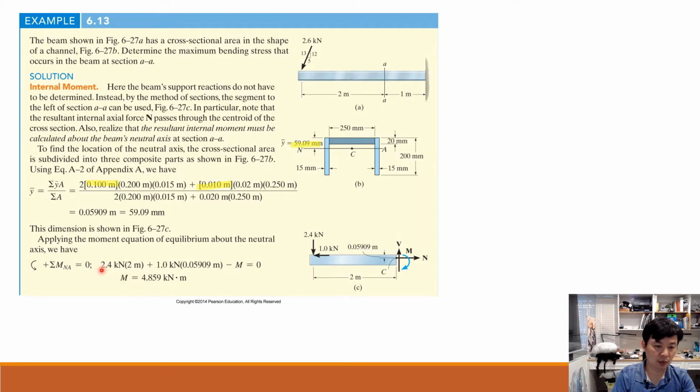This is the one coming from shear force 2.4 times the arm, which would be 2 meters. This is the one for axial force with the gap from the top to the centroid, so that would be 0.05909 meter. And the resultant moment M is here, so you get 4.859 kilonewton meter. That is why I said usually pretty ugly.